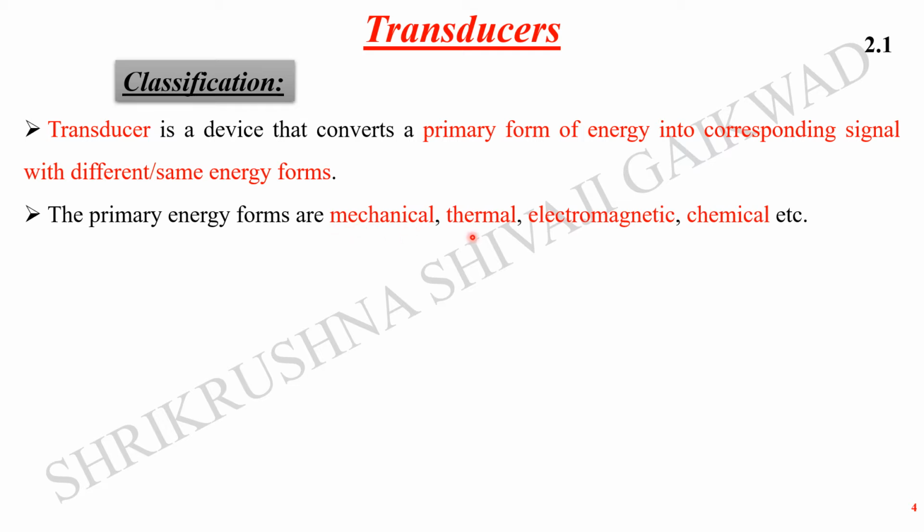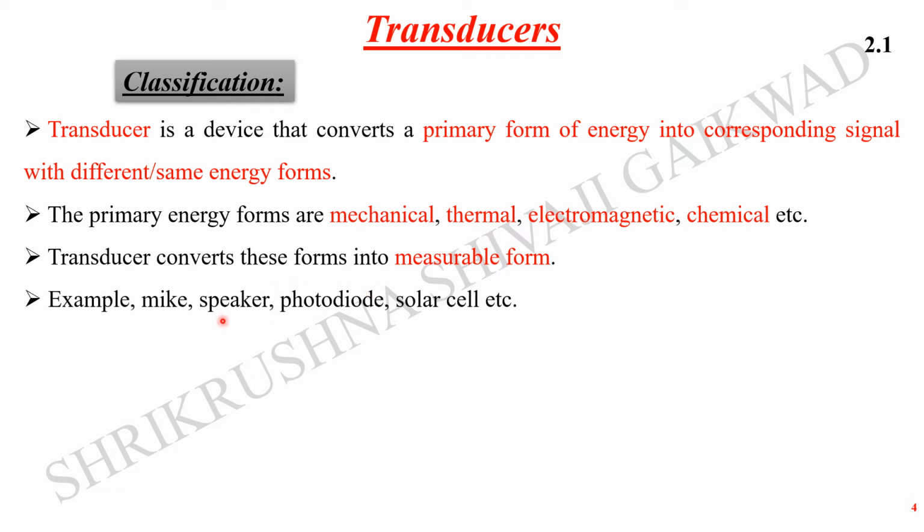The transducers convert these energies into a measurable form, depending upon the form in which we require the energy. Examples are the mic, speaker, photodiode, solar cell.